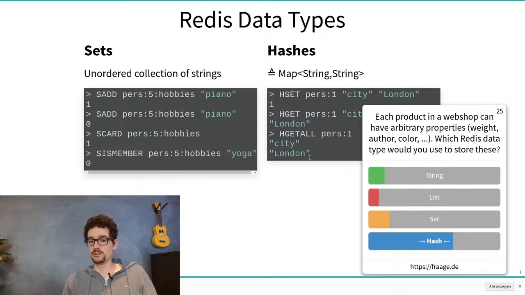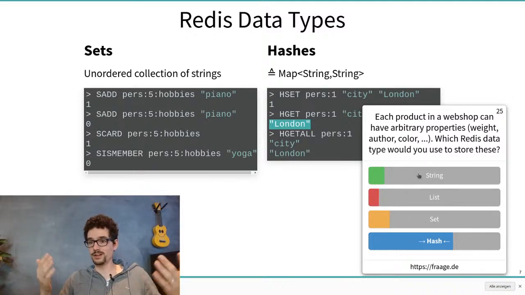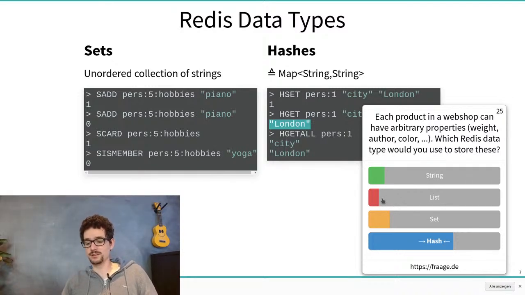But here you can do some special things when you use a hash set and not a string. For example, you can say, I want to only know the property author and I'm not interested in the others. When you use a string with a whole JSON, then you can either query the whole JSON or nothing. List is not well suited, and set also not. So a hash makes sense for that.